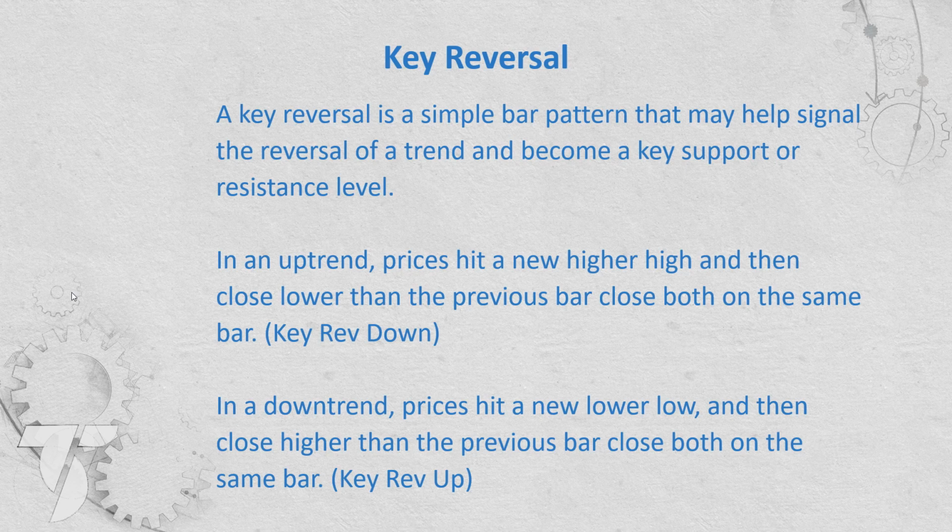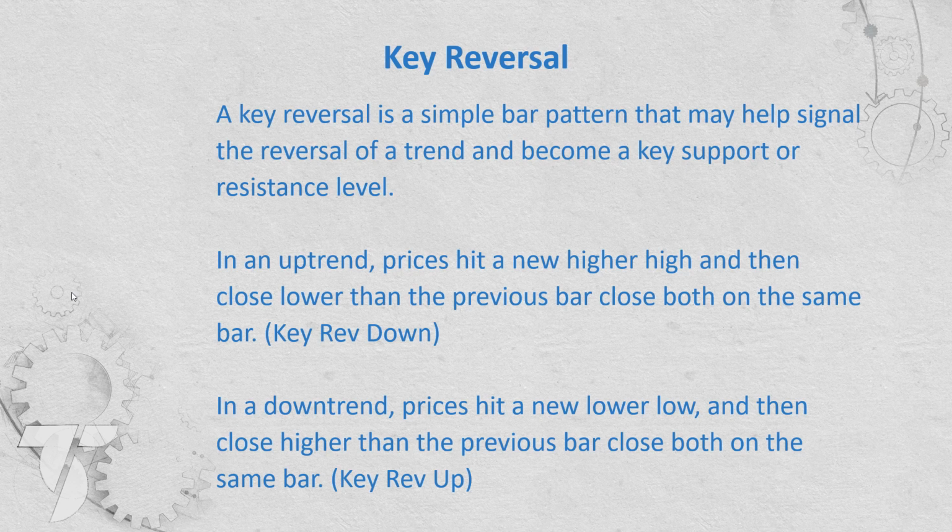I use it on a daily chart, to be honest with you, most of the time, sometimes a 60-minute or 120-minute chart. A key reversal is an indication that the market is either pausing, consolidating, or reversing, and those key reversal bars tend to be good support and resistance levels as well.